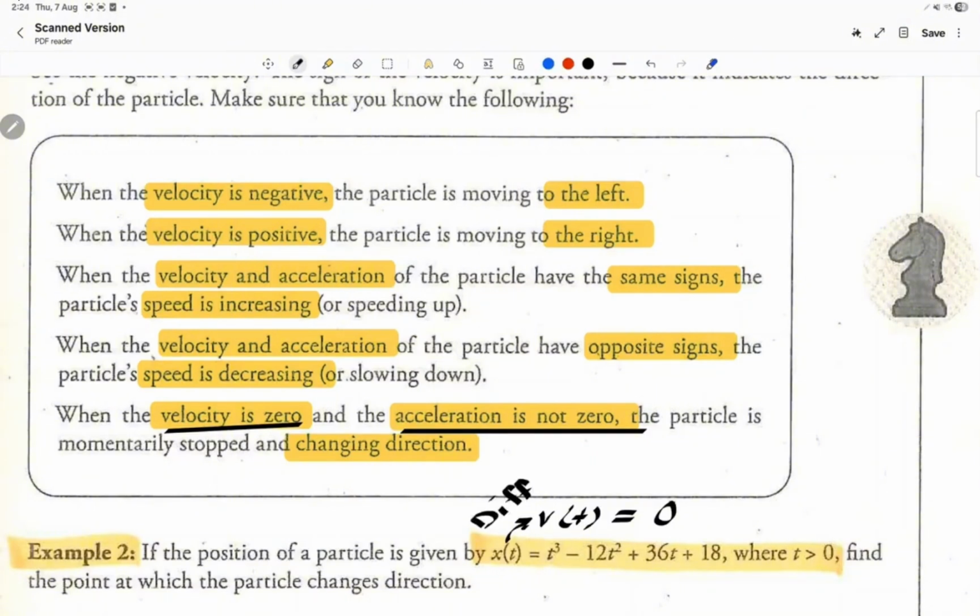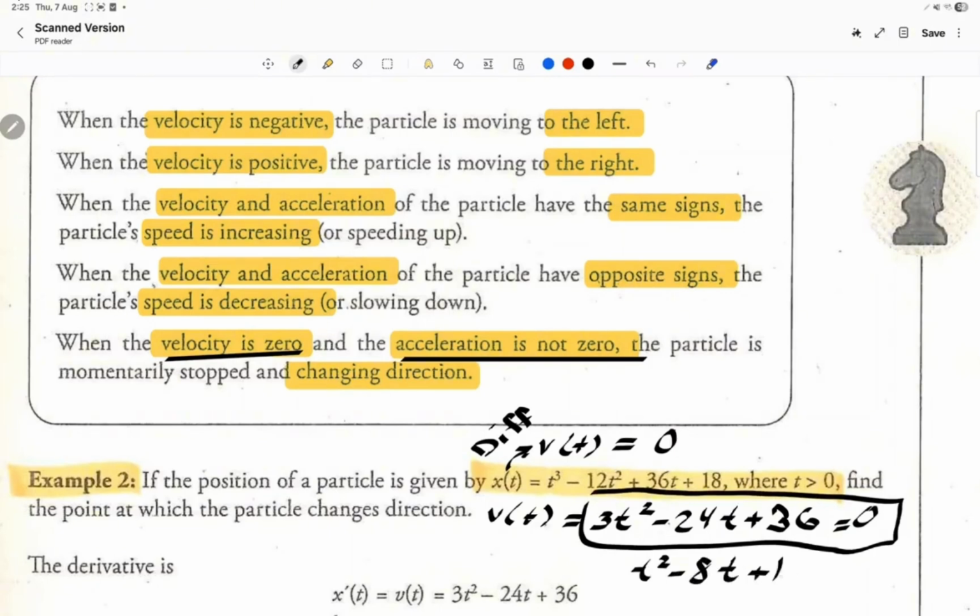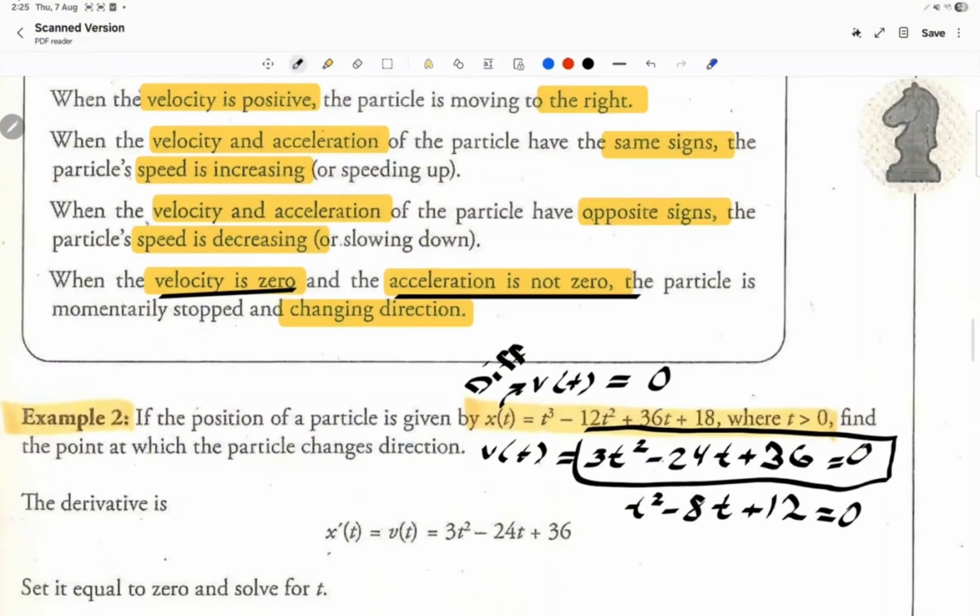Let's find the velocity. Should I show how to differentiate, or are you guys good now at differentiation? 3t squared minus 24t plus 36. Equalize that velocity to 0. Now divide everything by 3. You will get t squared minus 8t plus 12 is equal to 0. What follows now is simple factoring, which you learned in school.